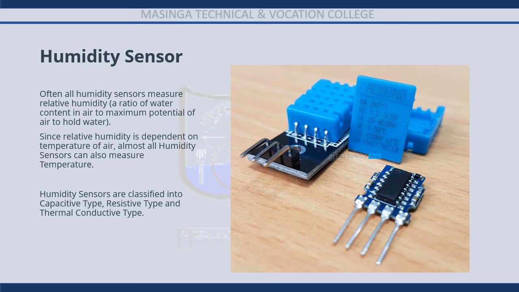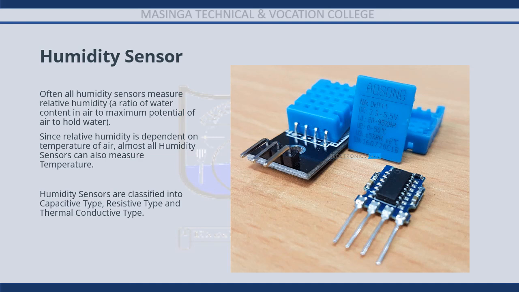To explain relative humidity, if you take the air within a room and you measure the amount of moisture or water in that air, then you measure the maximum amount of water which the air within the room can hold, that ratio will give you relative humidity.